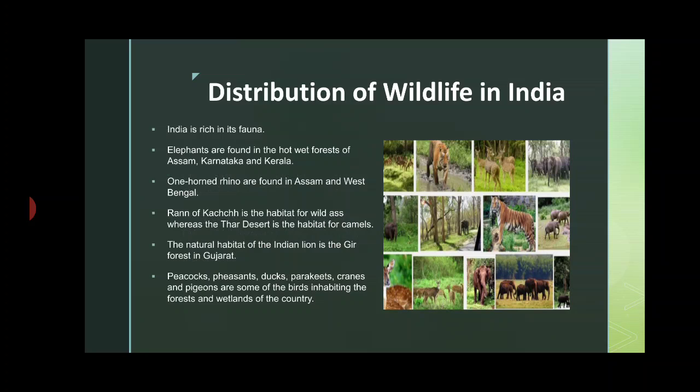India is the only country in the world that has both tigers and lions. The natural habitat of the Indian lion is the Gir forest in Gujarat. Tigers are found in Madhya Pradesh, the Sundarban of West Bengal, and the Himalayan region.